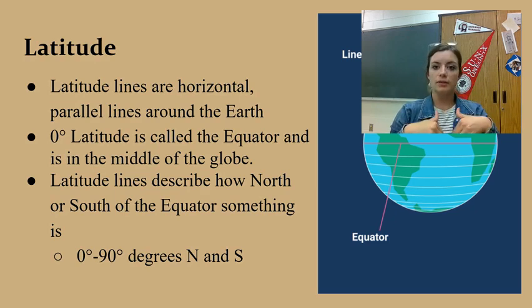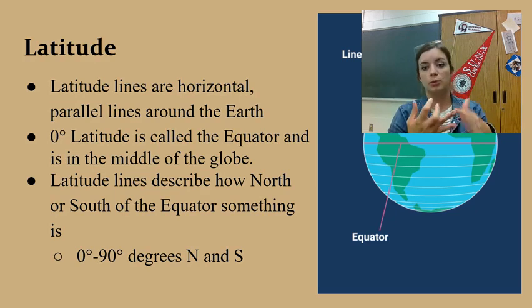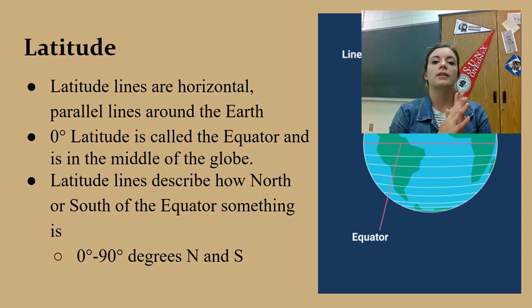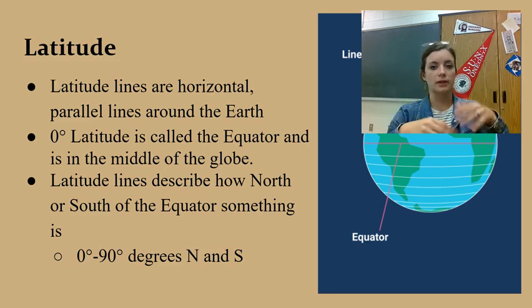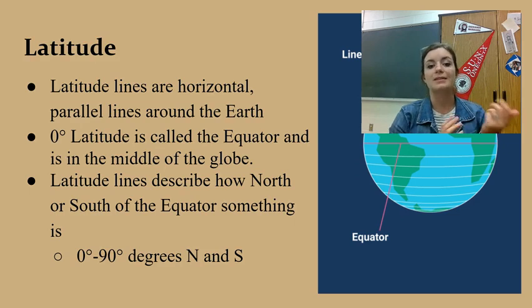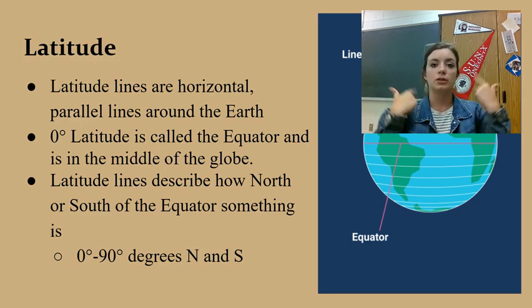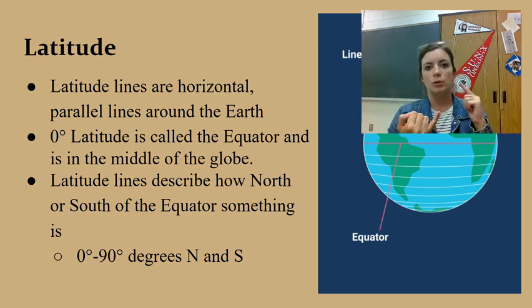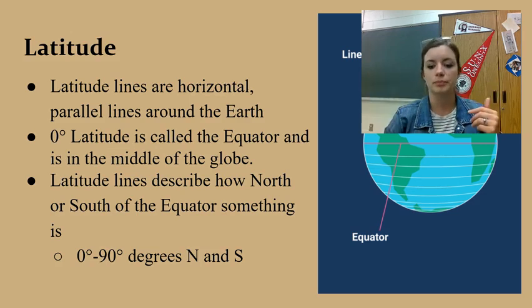If you are south of the equator, places like Brazil, Peru, all of Australia, then you are in the southern hemisphere, hemi meaning half, sphere like globe. So you're in the half of the Earth that is south of the equator, and your latitude degrees will be south. We are in the northern hemisphere because we are north of the equator. Same thing with Europe, and the Arctic.